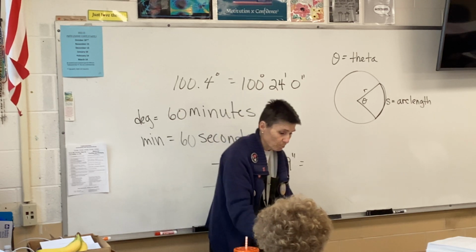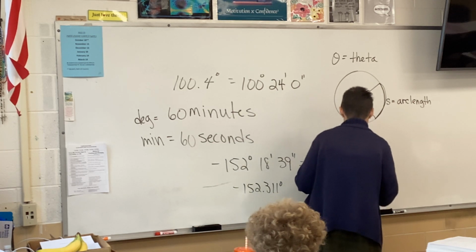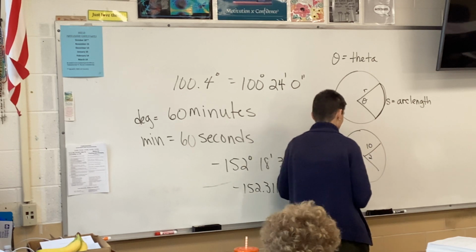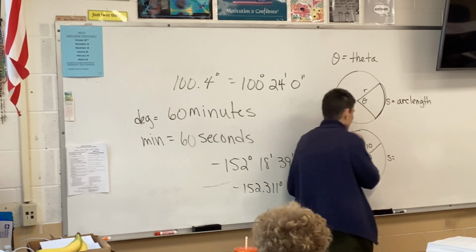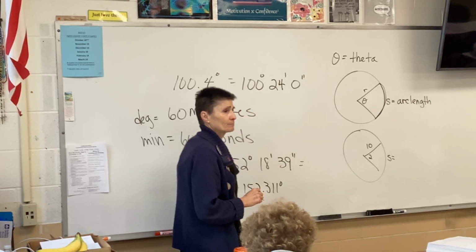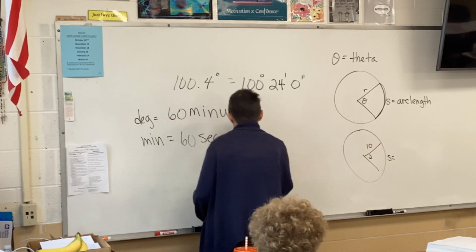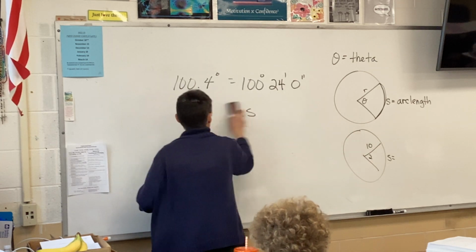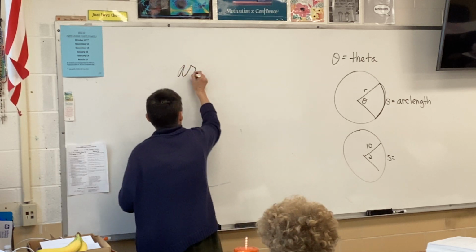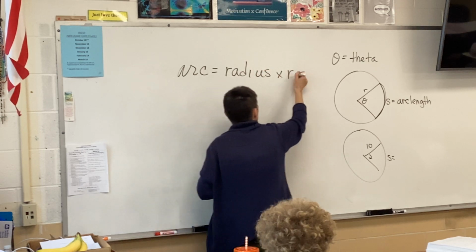Now for the first problem, we are told that our angle is 2, our radius is 10, and we are going to find our arc length. Formula. Write this down.